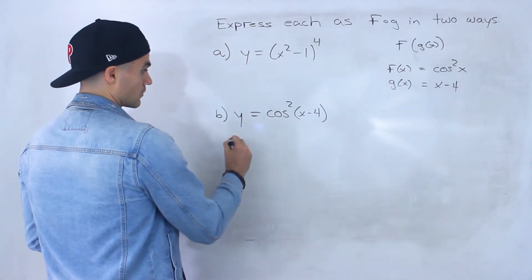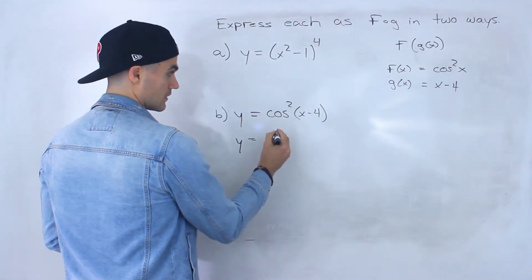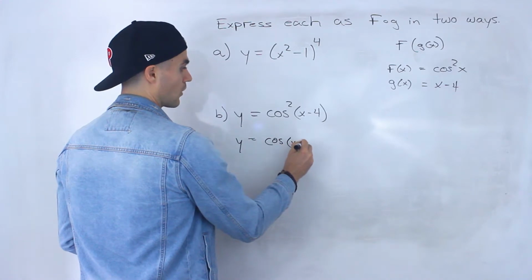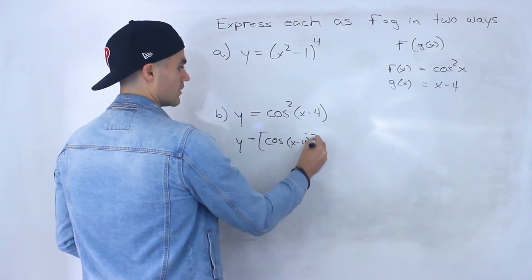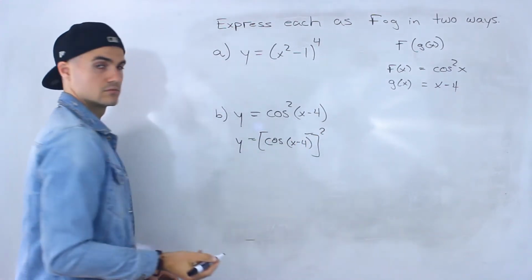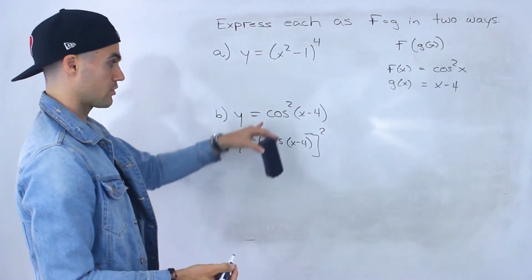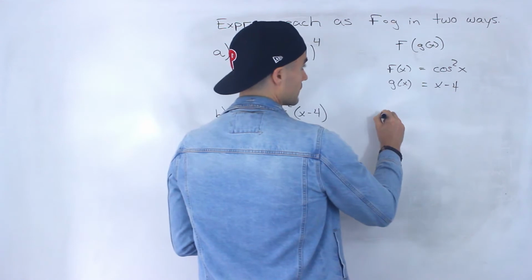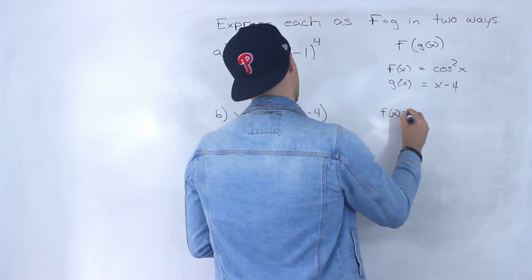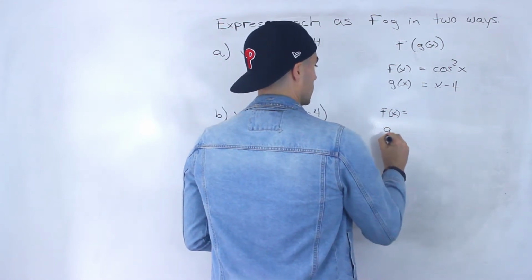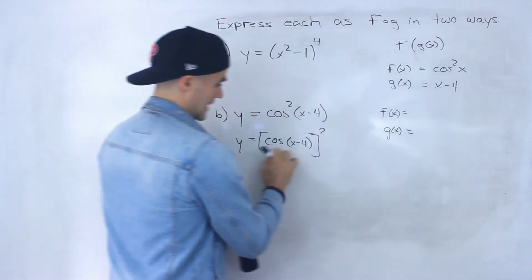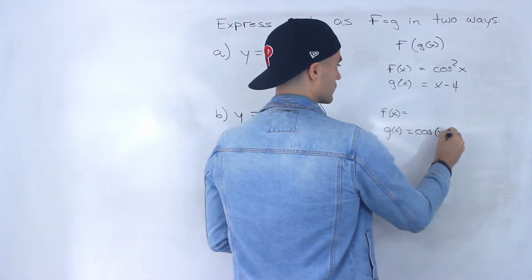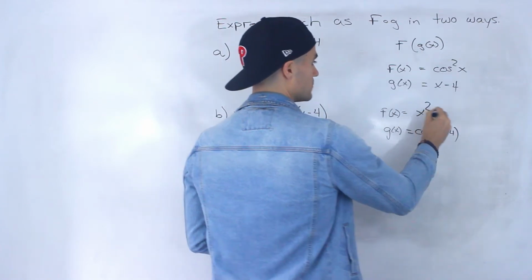Another way: cos squared of x minus 4 is the same thing as cos of x minus 4, to the power of 2. Both of these are the exact same thing. So another way we can write this is we would make g of x, that inner function here, cos of x minus 4, and then f of x would be x squared.